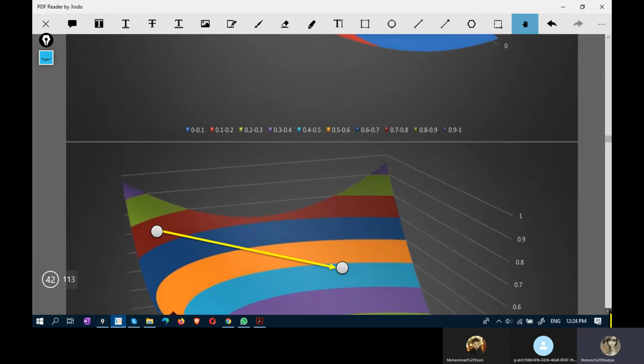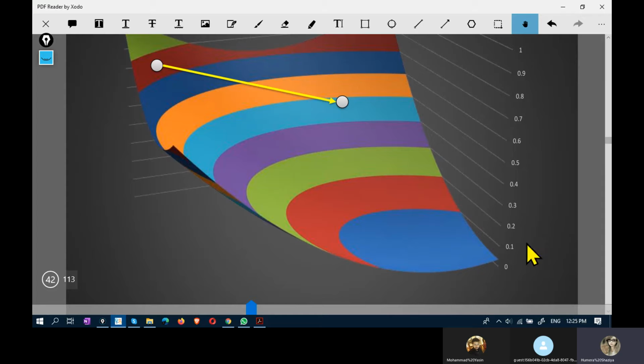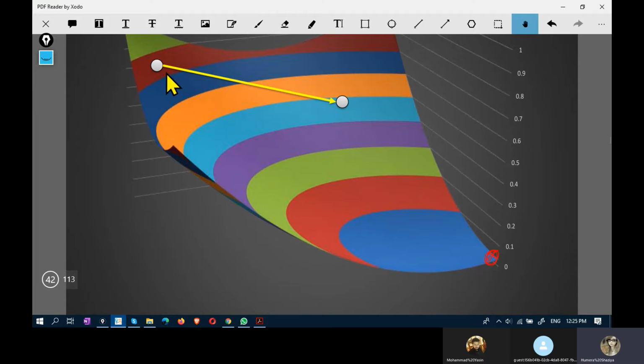Okay, how does this learning take place? If you are here and you want to reach the lowest value, which is this point, how can you do it?